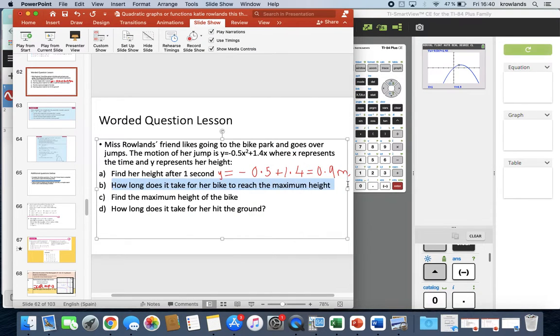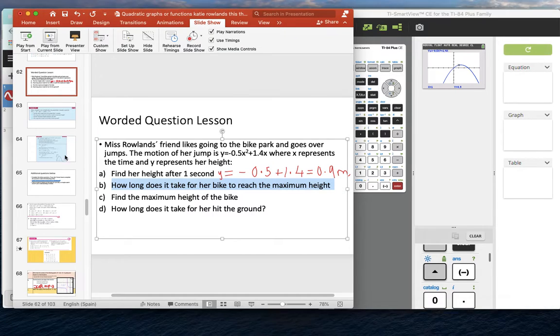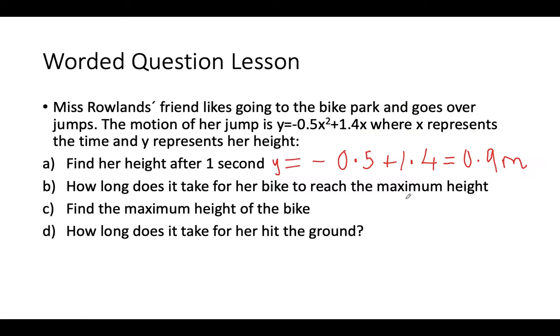How long does it take for the bike to reach the maximum height? Again, we can do this manually. We are going to do part B. It happens at the axis of symmetry, minus b over 2a. We have a and b. So we would do minus b, which is minus 1.4, divided by 2a.